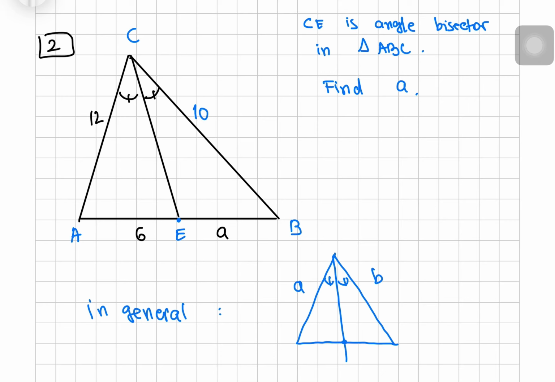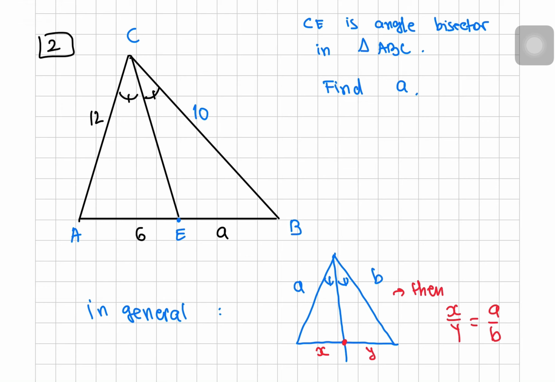It cuts at a point, and that point divides then the opposite side in two segments of the side x and y. Then this implies that x over y equals a over b. In some of the videos we will also prove this theorem. Now we are just using it.